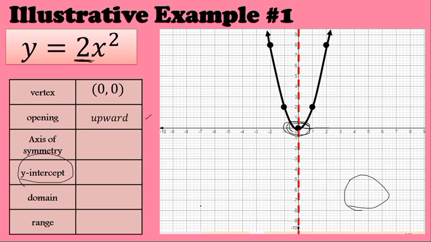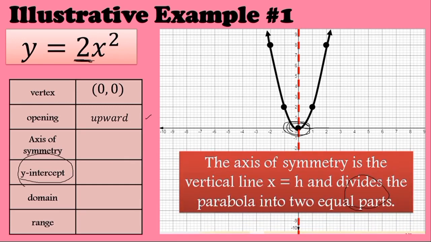Then what is the axis of symmetry? The axis of symmetry is the vertical line x equals h, and it divides the parabola into 2 equal parts. See this red broken line here? In this parabola, this is what we call the axis of symmetry.